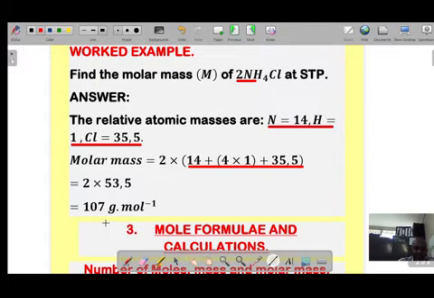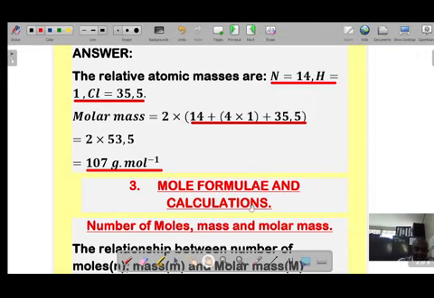So it gives me finally what? It gives me 107 grams per mole. Because now this 107 grams is the mass in 1 mole. Okay, actually these are now 2 of them. That is pure ammonium chloride. These are 2 moles here. Okay, let us proceed, guys.